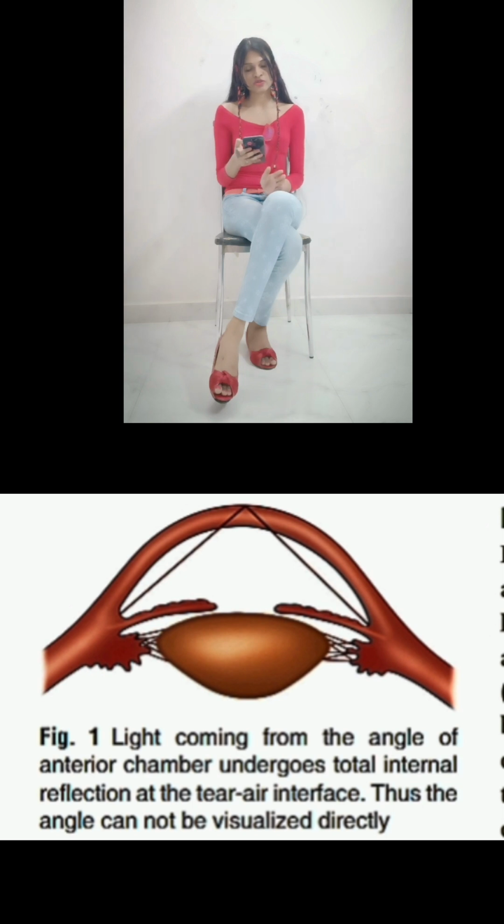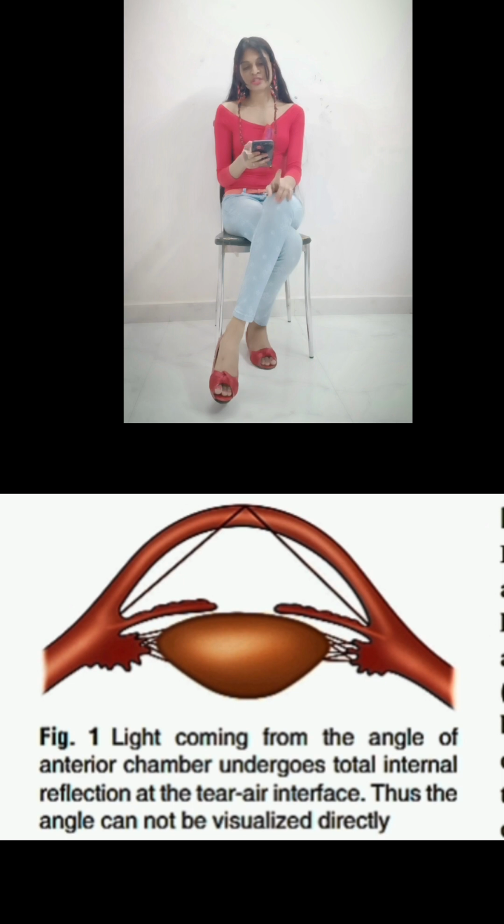So when the light tries to pass from the denser medium to the rarer medium, and if the angle of incidence exceeds the critical angle for that pair of denser and rarer medium, then the light rays, instead of getting refracted into the rarer medium, that is air here, get reflected back into the denser medium, and here it is the cornea and aqueous humor, anterior chamber itself. So figure 1 is showing why we cannot see the anterior chamber angle normally.